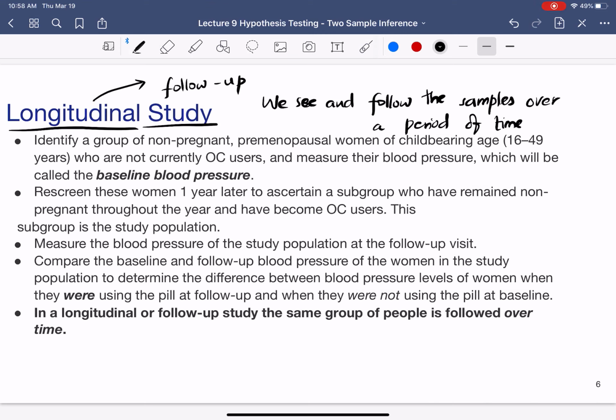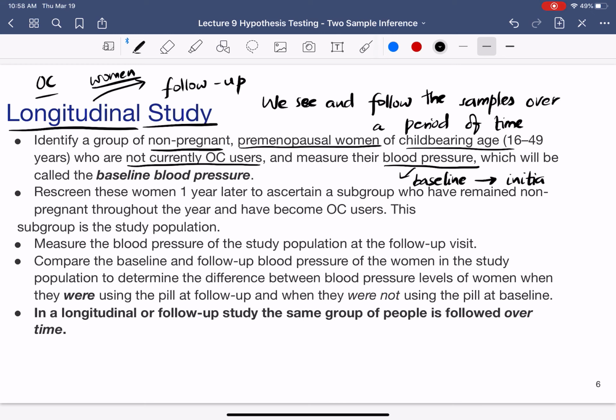So in this case of hypertension, OC users and women, in terms of hypertension, we identify non-pregnant premenopausal women of childbearing age 16 to 49 who are not OC users, and we try to measure their blood pressure. This blood pressure that we measure initially is called the baseline blood pressure. So whenever you say the baseline, it's the initial value or the base value.